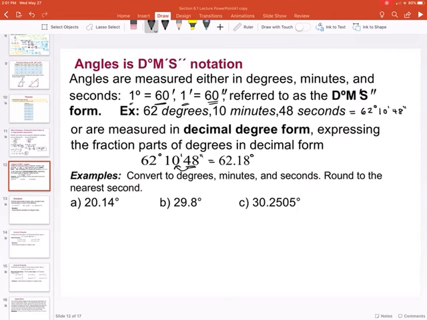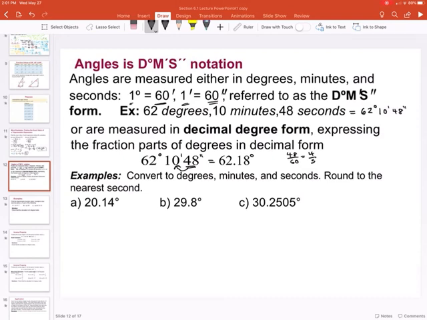If we want to convert that to minutes, we take 48 and divide by 60, because we know there's 60 seconds in a minute. So we find out what 48 divided by 60 equals. We can reduce that if we want. We know that 12 divides into both. 12 times 4 is 48, 12 times 5 is 60.